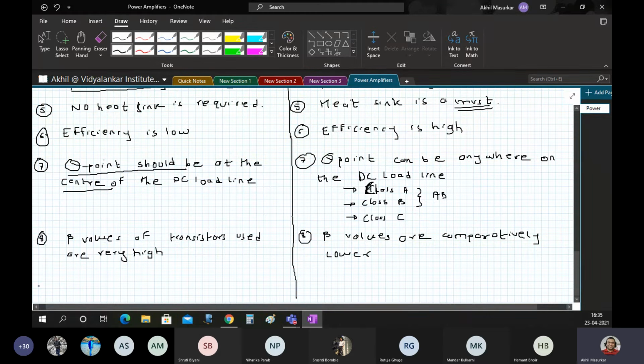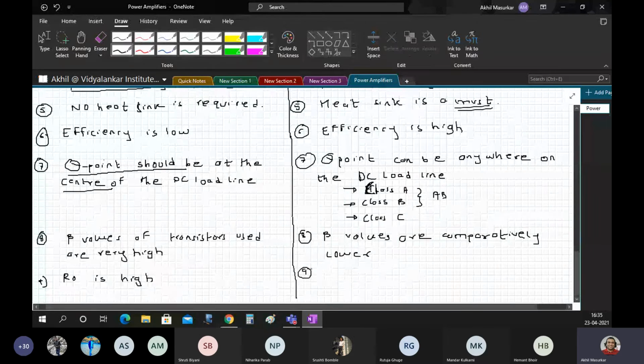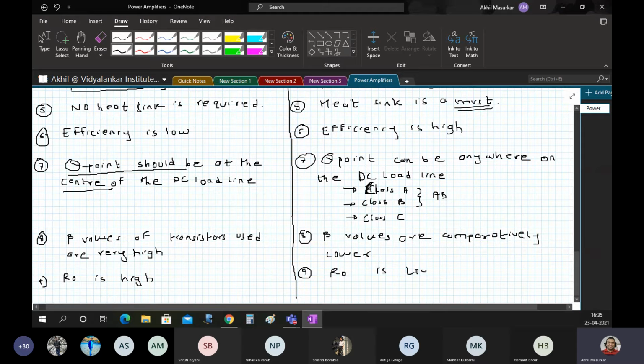And the last point is, or rather the second last point, output impedance R0 is high, and here R0 is naturally low. Since R0 is low, my loads also have low impedance, so matching becomes easy.